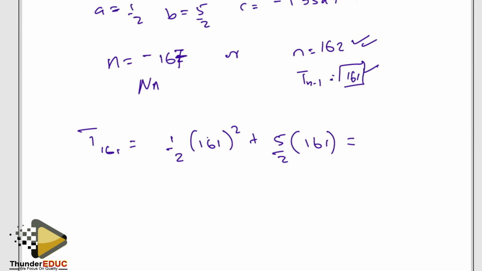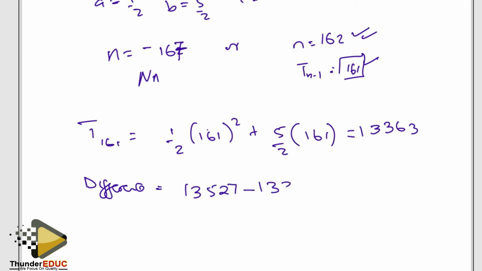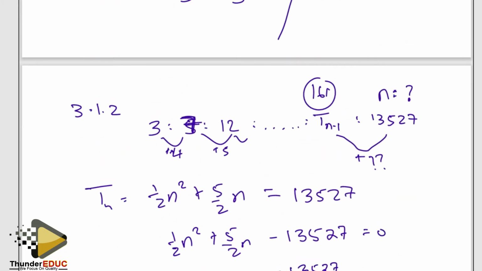I'm ending up with 13363. And then the difference is going to be 13527 minus 13363. And this gives me 164. So this is the answer that they want. This is the number that must be added to the Tn minus 1 to give you that.